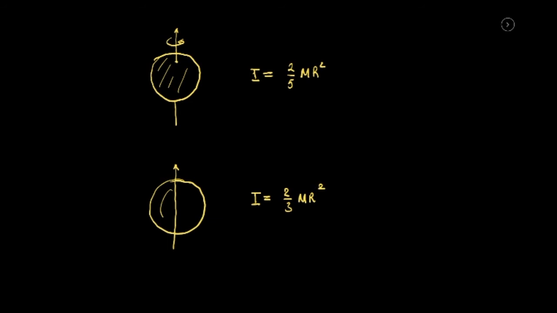So from these two equations we can conclude that if these two objects have the same mass m, it would be more difficult to rotate a thin sphere compared to this solid sphere.